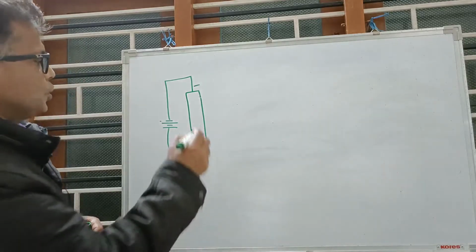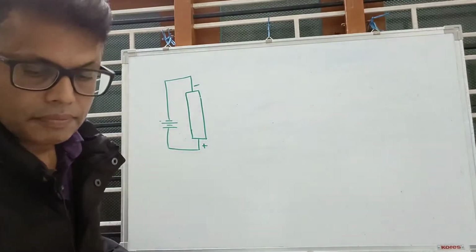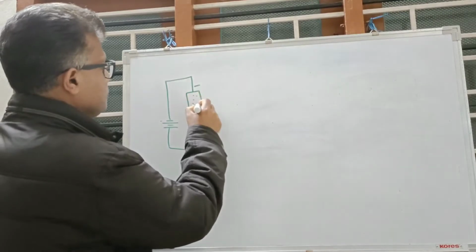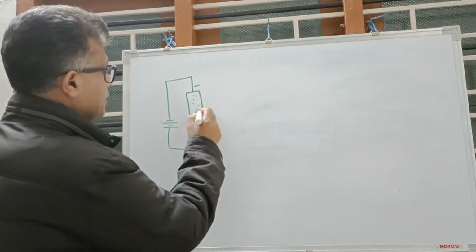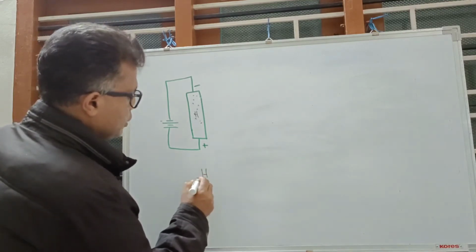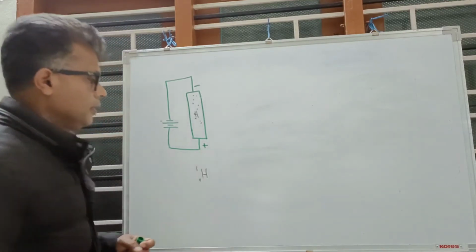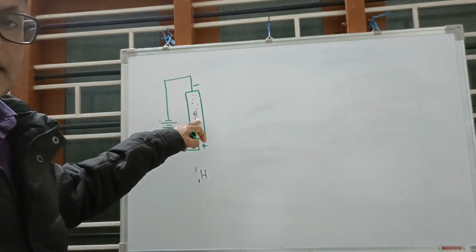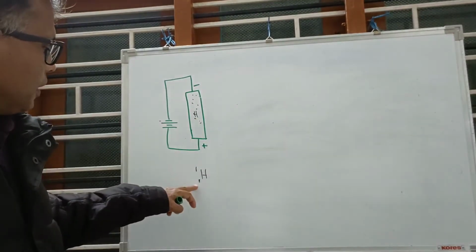Clear, no? This is a tube. It is filled with hydrogen. Okay, what is hydrogen? Hydrogen 1, 1. It is filled with hydrogen atoms. Clear, no? So, what is 1?